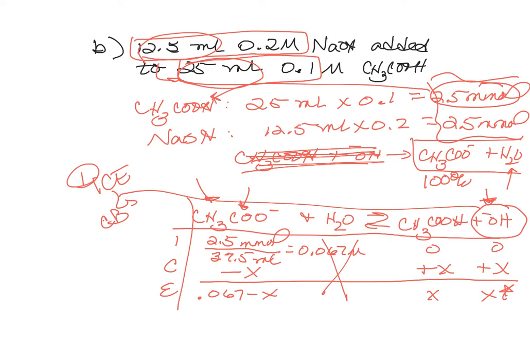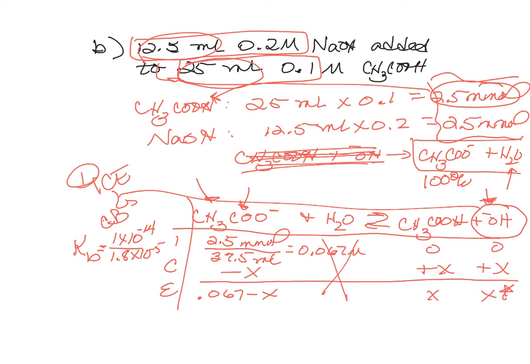Again, since we are dealing with a base, we need Kb. We were given Ka in the problem, so at the equivalence point, you've got to convert it to Kb. So that equals Kw, which is 1 times 10 to the minus 14, divided by the given Ka, 1.8 times 10 to the minus 5.